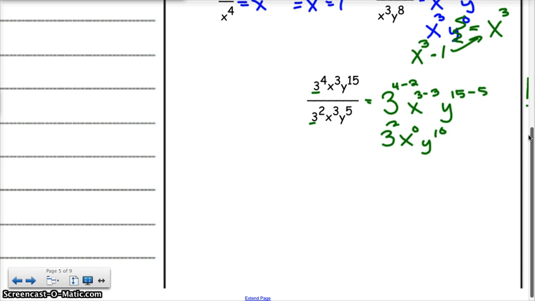Again, my strategy, anything to the 0 power is 1, so I just kind of get rid of it. This is just 3 squared, y to the 10th, which is 9y to the 10th.